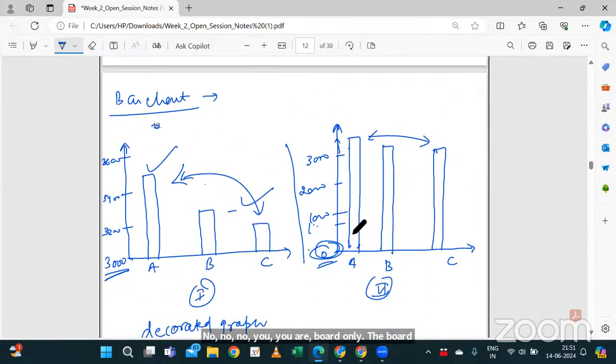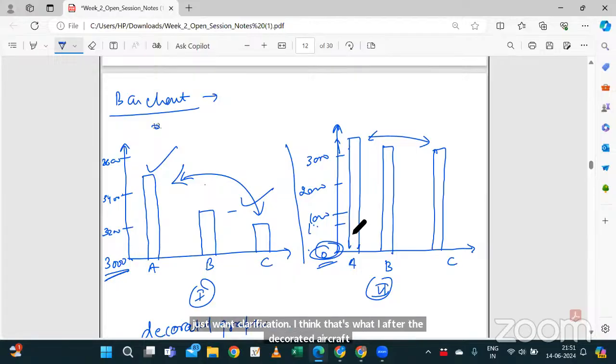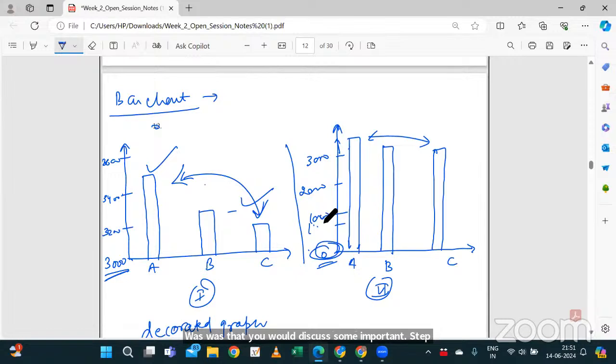Yeah, this part, the decorated part that you discussed. You discussed some of the concepts and I just want clarification in that part. I understand till the decorated part. What is the baseline for it? Post that you discussed some important steps that I think I got carried away after the decorated graph.